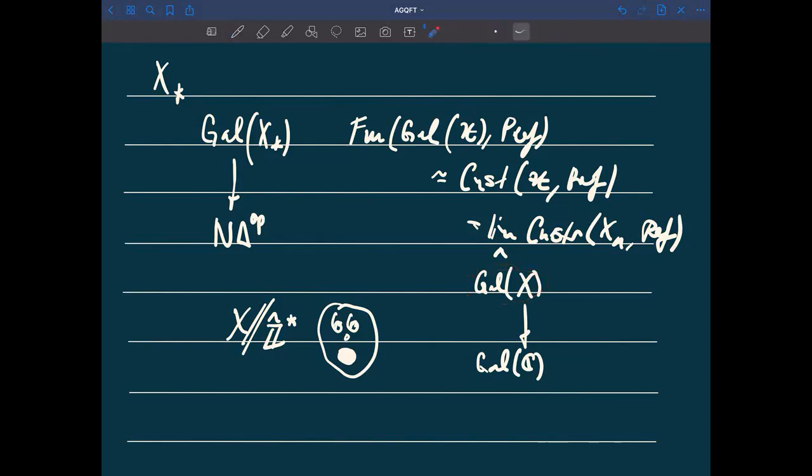So what the valuative criterion says, right? I mean, in the Gal language, what it almost says is that if you've got a, like it says that you can solve a lifting problem that looks kind of like that, right? But that's not, oh, sorry, this is the wrong way around.